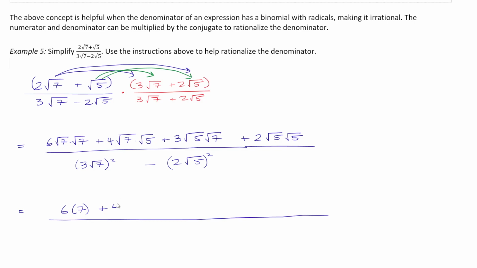This here becomes 4, and remember, √7 times √5 is the same thing as √(7 times 5), which is √35. So this should be 4√35, and then plus 3√35. And then this becomes plus 2, and then √5 times √5 is just 5.